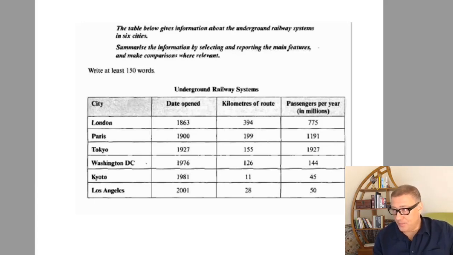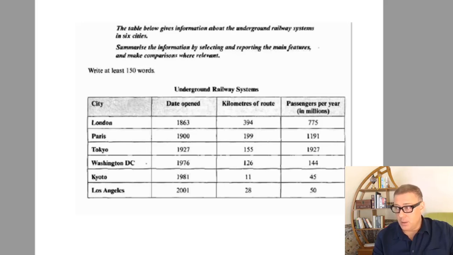And okay, kilometers of route. So we have 2 with very low numbers and 4 with higher numbers. So there's a big range between Washington, D.C. at 126 and London at 394, but those are all significantly higher than Kyoto and Los Angeles, which have 11 and 28 kilometers of track, respectively. So there's one difference. Let's look at passengers per year in millions.